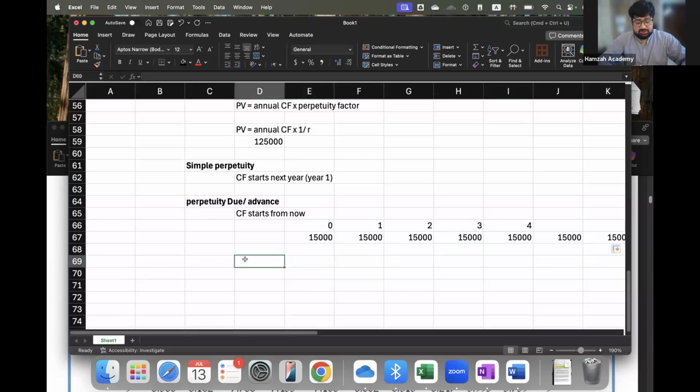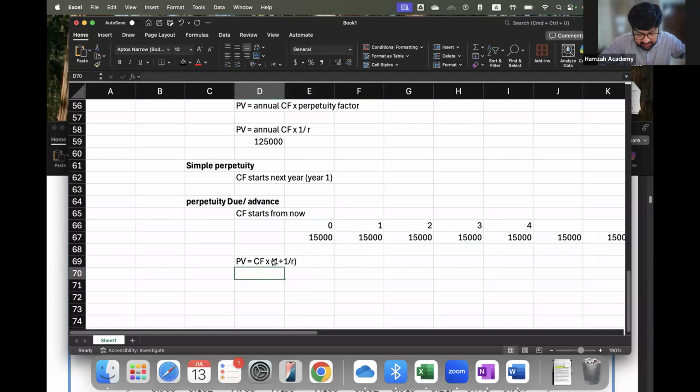So present value of perpetuity is equal to, if we ignore year 0, cash flow into 1 over R. But for year 0, discount factor is 1. So 1 plus 1 over R. This is the perpetuity due.